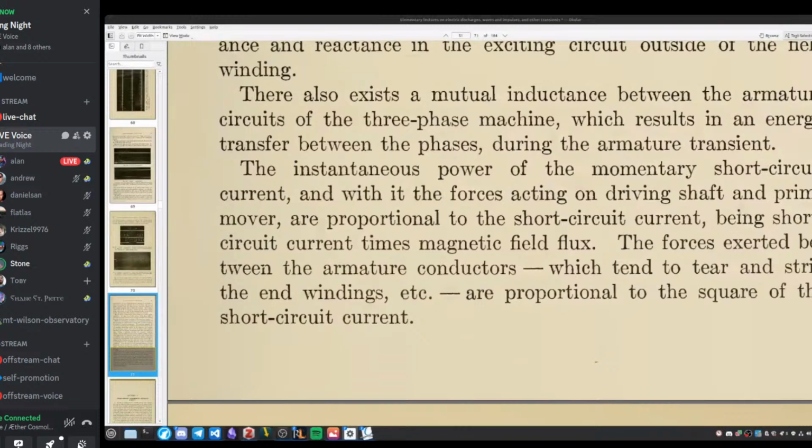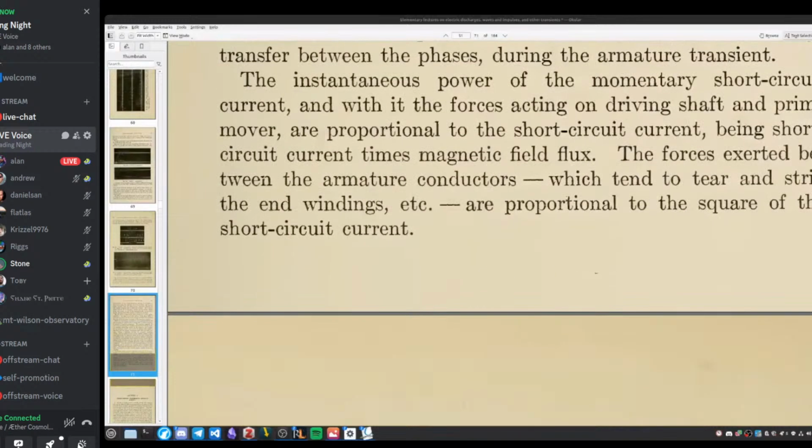The instantaneous power of the momentary short circuit current, and with it the forces acting on driving shaft and prime mover, are proportional to the short circuit current, being short circuit current times magnetic field flux. The forces exerted between the armature conductors, which tend to tear and strip the end windings, etc., are proportional to the square of the short circuit current.